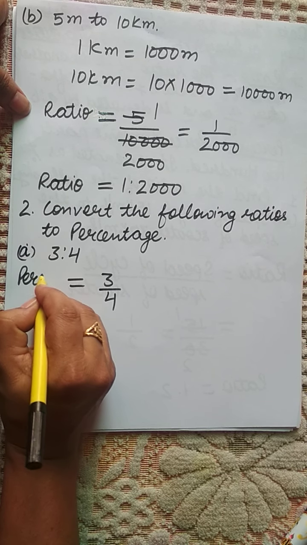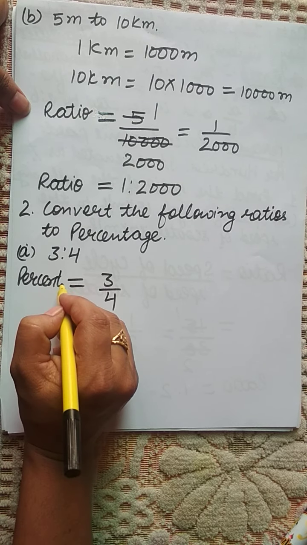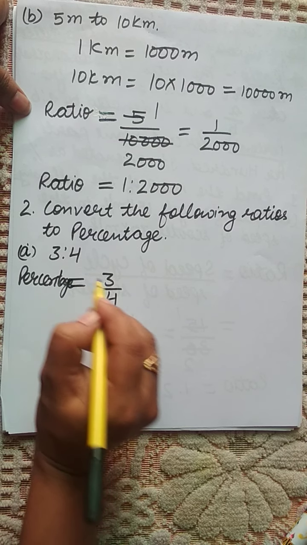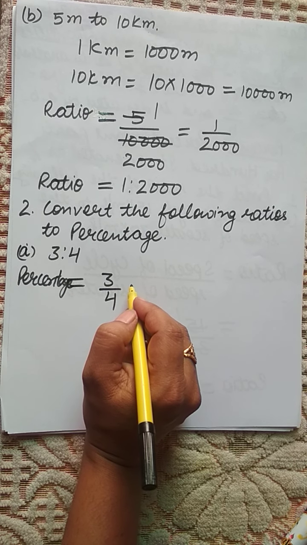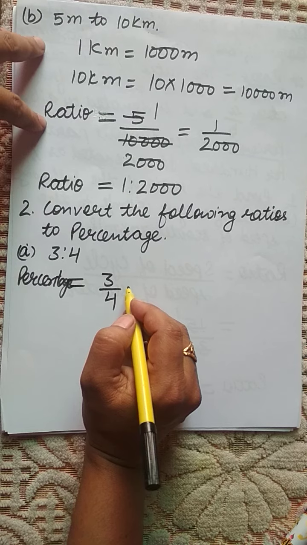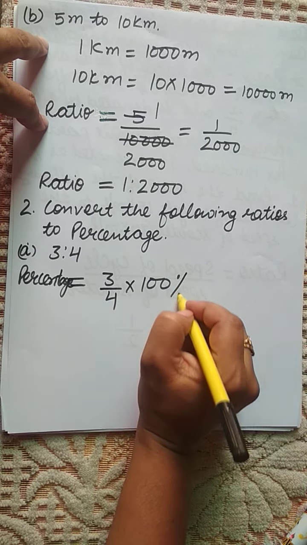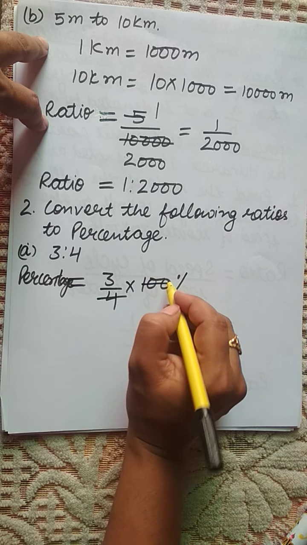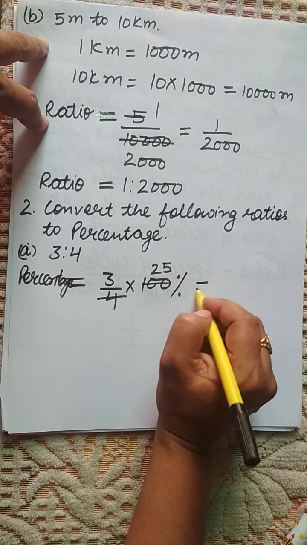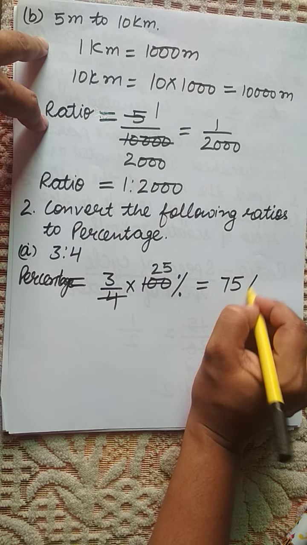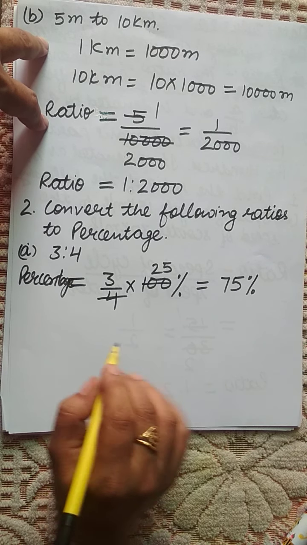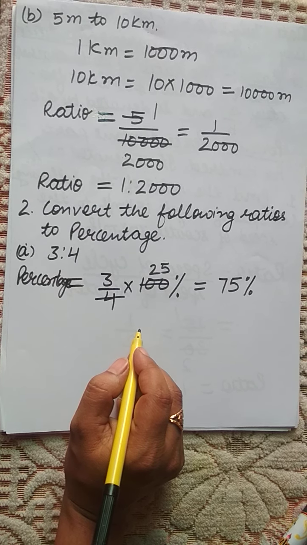The percentage is equal to 3/4 multiplied by 100. I'll put the sign of percentage. This is 25. 25 times 3 is 75 percent, which is the required answer.